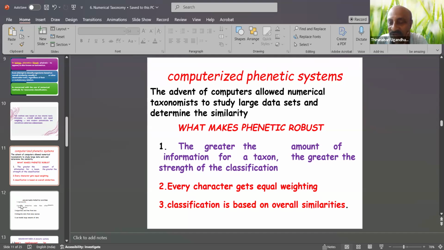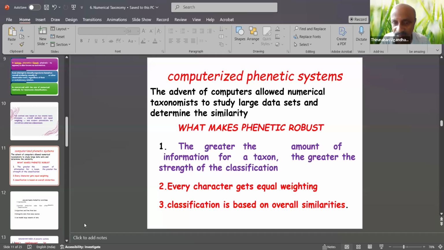What makes the phenetic approach robust? The greater the amount of information about a taxon, the greater the strength of the classification. Then every character gets equal weighting. For example, the number of leaves in one plant and another plant is similar, so the weight is also similar.